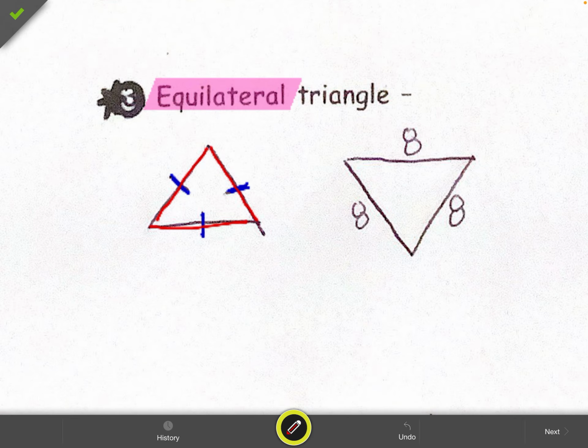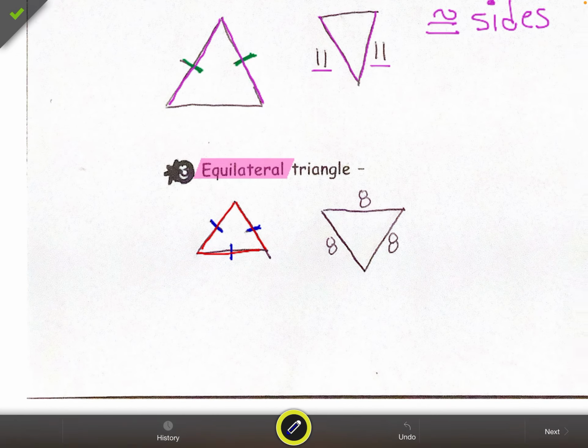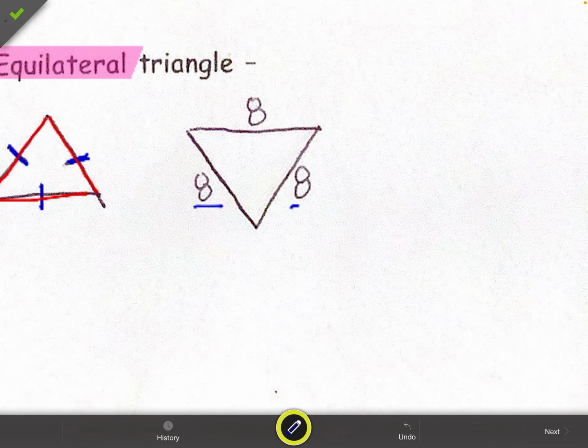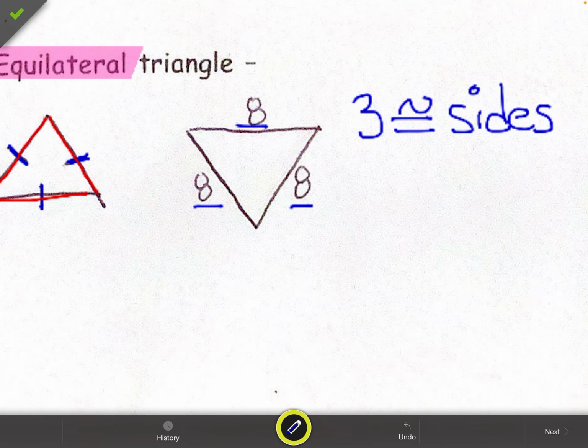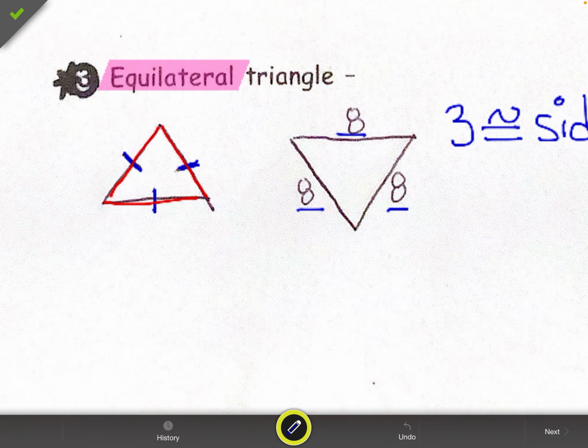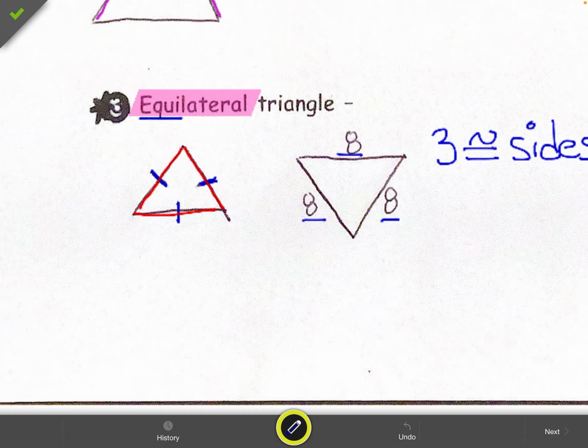We just know that they're all the same. If you look over here at the triangle with the numbers, clearly you can see they're all the same. And so an equilateral triangle has three congruent sides. All your sides have the exact same measure. And you can see the word equal in here, so equilateral is easy to remember.